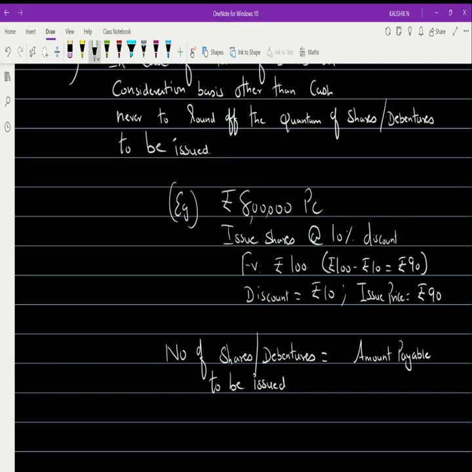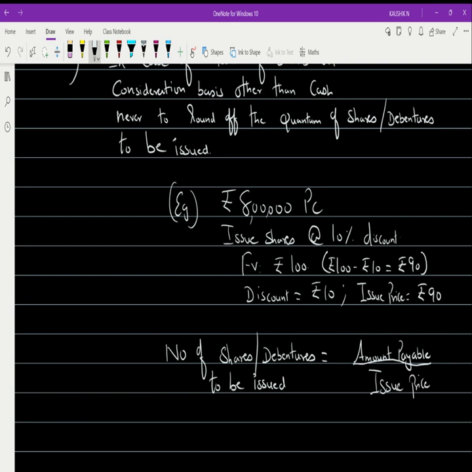In this case, the entire value of 8 lakh is settled by issuing shares or debentures. So the amount payable as per this example is rupees 8 lakh. So amount payable divided by issue price.